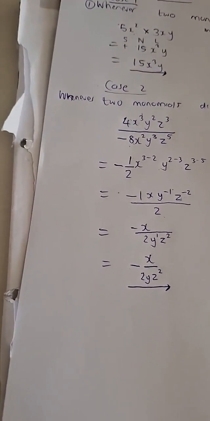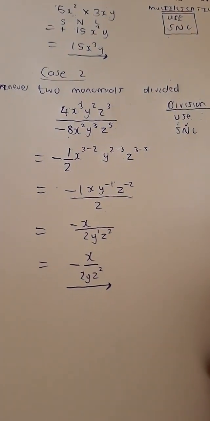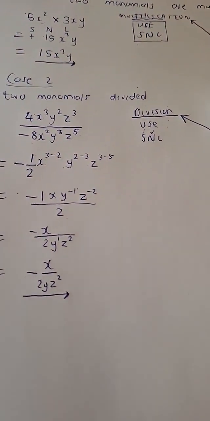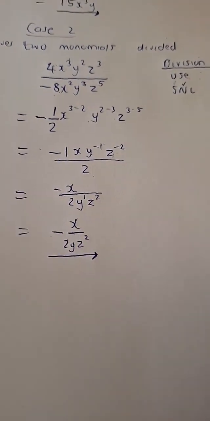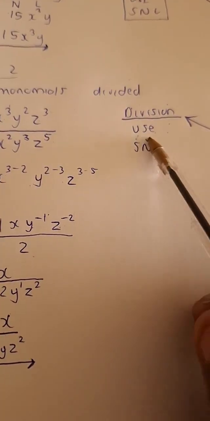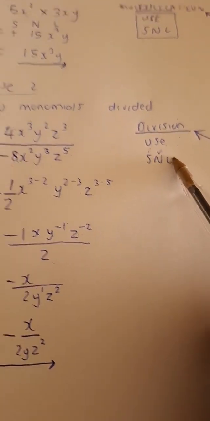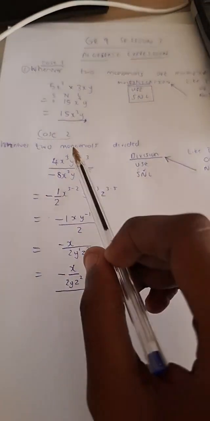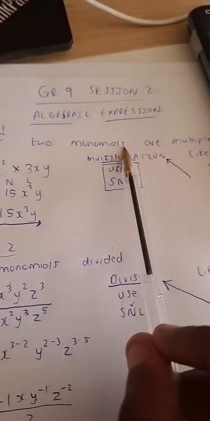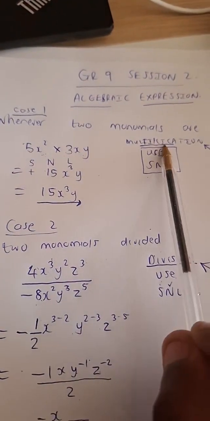So hopefully we are all together when it comes to when two monomials are divided. What do we do? We divide using what? SNL. What does SNL stand for? We divide the signs, we divide the number, we divide the letter. That's what happens when two monomials are divided. Just like when two monomials are multiplied, what do we do?